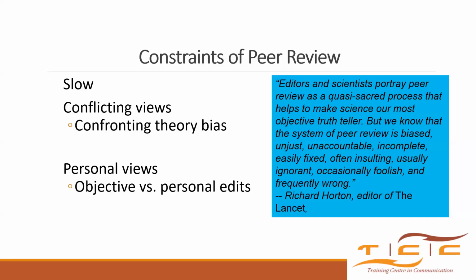Now, Richard, who is the editor of the Lancet, says, editors and scientists portray peer review as a quasi-sacred process that helps to make science our utmost truth teller. But we know that the system of peer review is biased, unjust, unaccountable, incomplete, easily fixed, often insulting, usually ignorant, occasionally foolish, and frequently wrong.